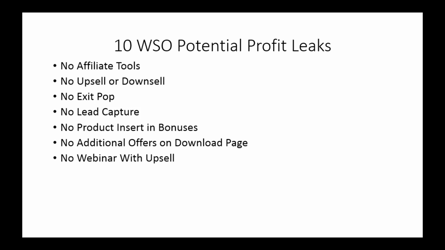Okay, no webinar with your upsell. So in other words, you're going to do an upsell, and you're going to give them additional process. But what you can do when the buyer actually buys, you can auto register them onto a webinar. And typically what you can do on that webinar is you give people the opportunity to get your upsell or even another upsell.